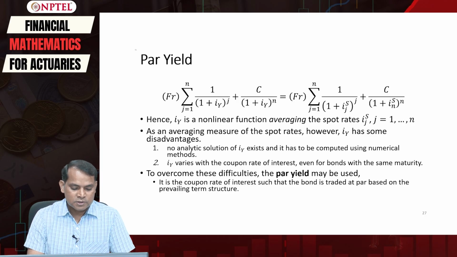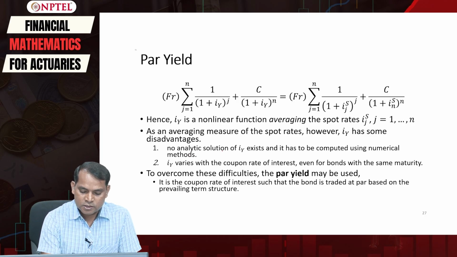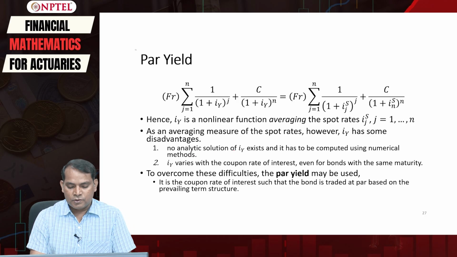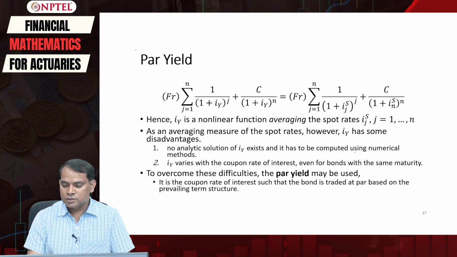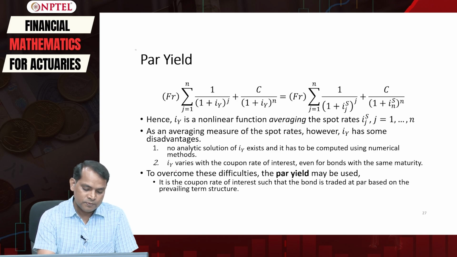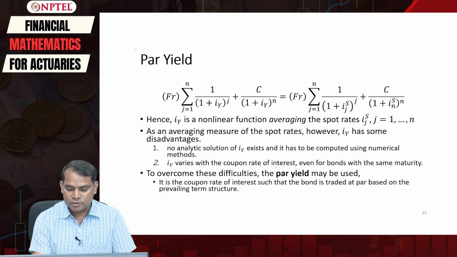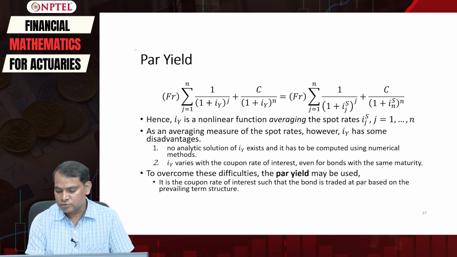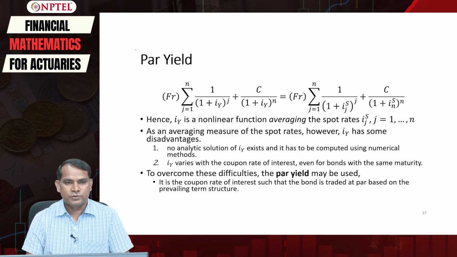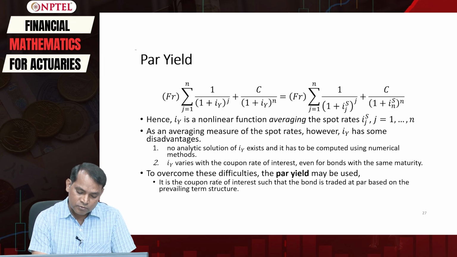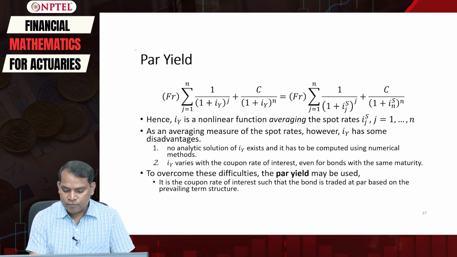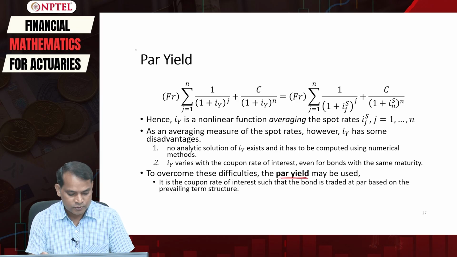The disadvantage is that we do not have any analytic solution for IY, and it has to be computed using numerical methods. And secondly, IY or the yield to maturity varies with the coupon rate of interest, even for the bonds with the same maturity. We have seen that already. So, to overcome these difficulties, the par yield may be used.